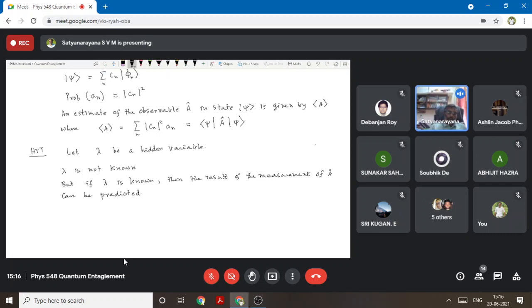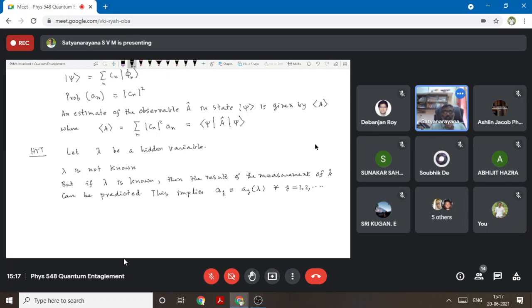So that means, this implies every a_j can be written as a_j of lambda. Every eigenvalue can be written as a function of lambda. Only then, if I know lambda, I will know what this value is.